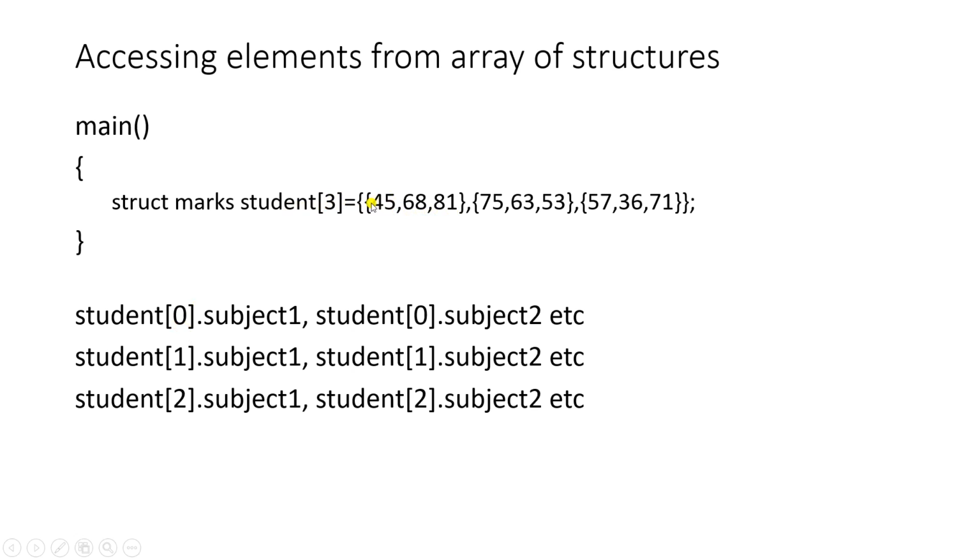Since you are accessing the first element, that is student 0 dot subject 1. If you want to access 68, it will be student 0 dot subject 2. Similarly, you can access any element.